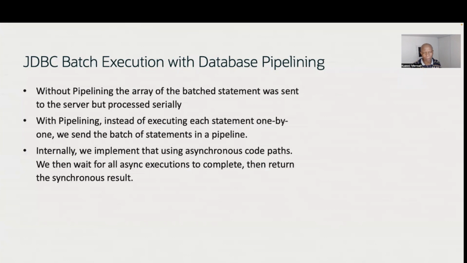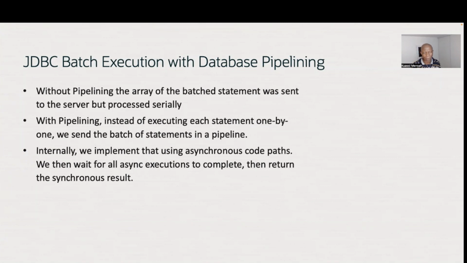Under the cover, when you use a batch API, we also generate an asynchronous call for you, but that's internal. It's not something you have to code. You just need to use the standard JDBC batch API, and the driver will, under the cover, generate asynchronous code for you.